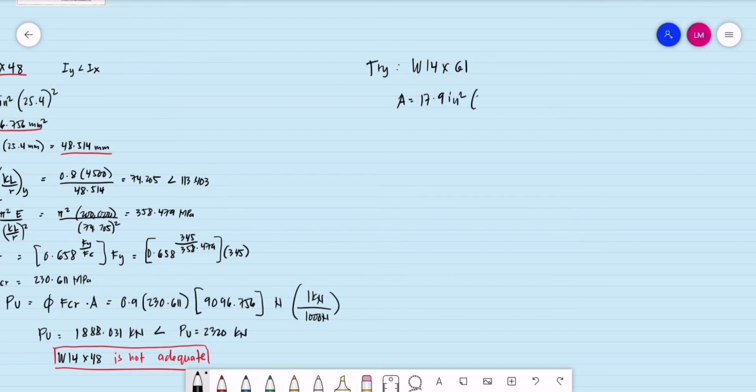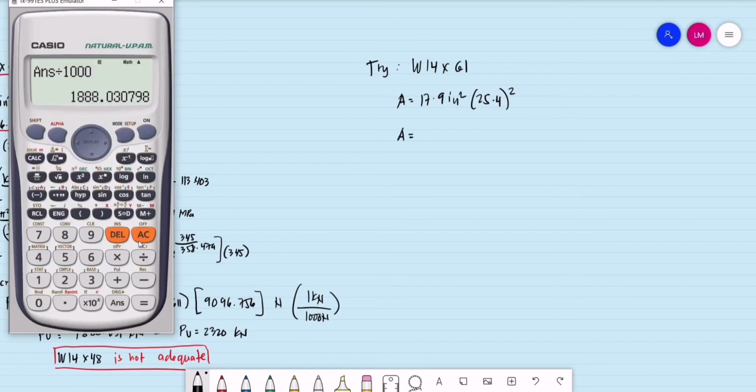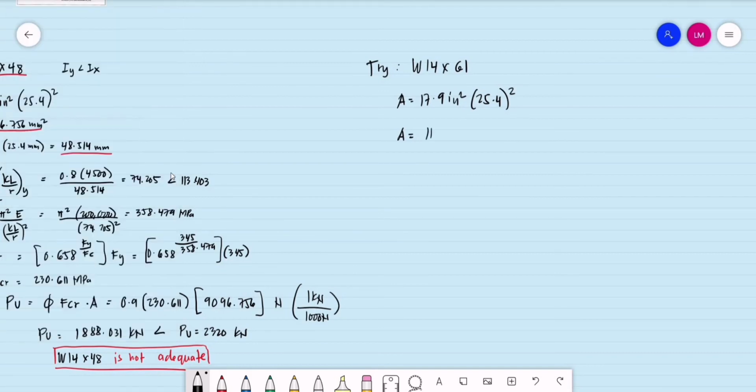So this is to be multiplied by 25.4 squared. So 17.9 multiplied by 25.4 squared is 11,548.364 square millimeters.